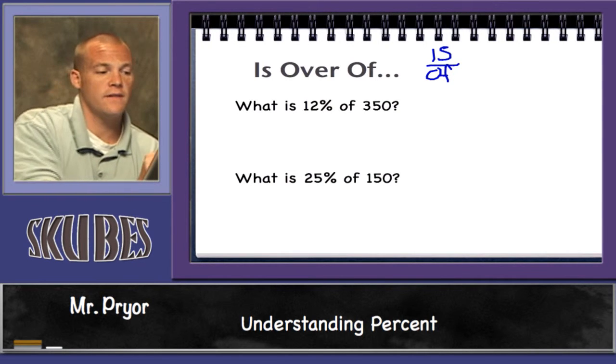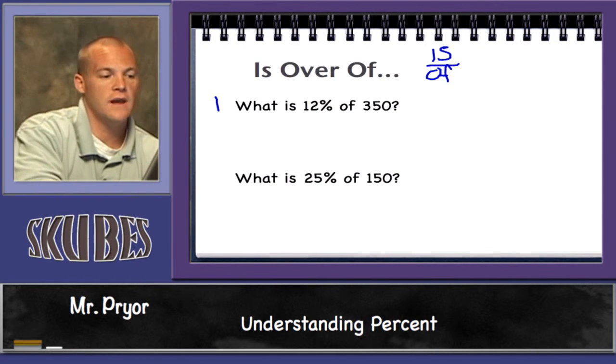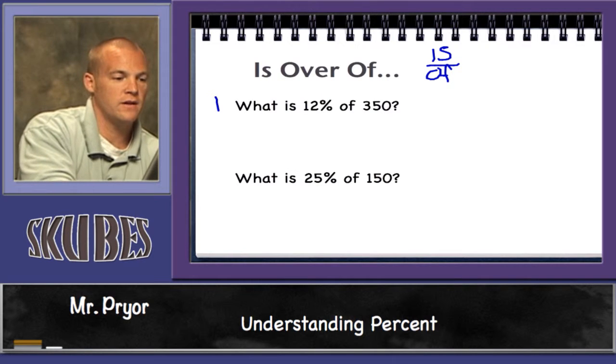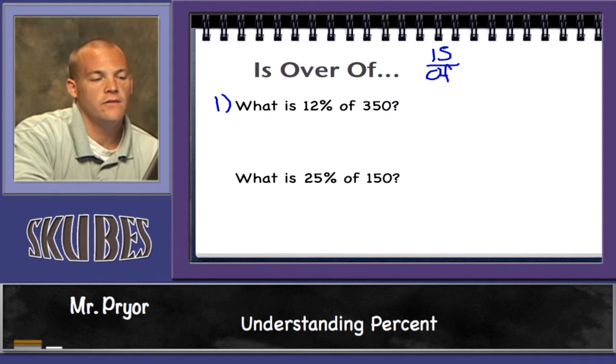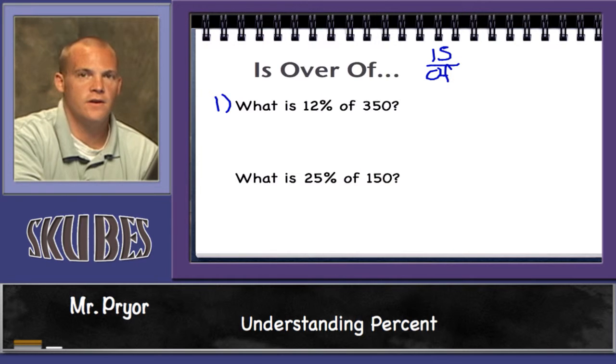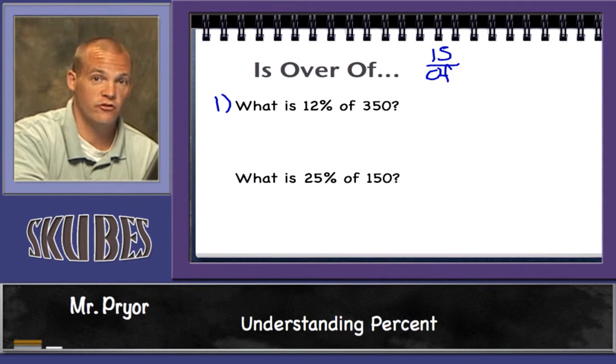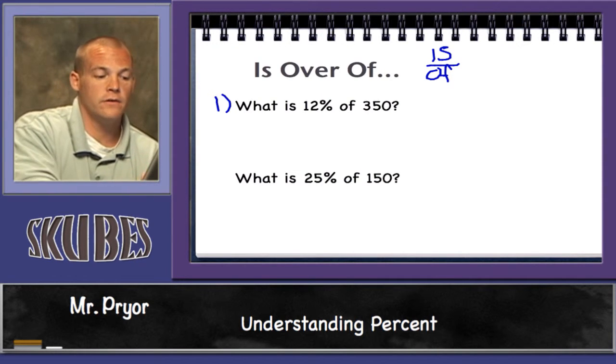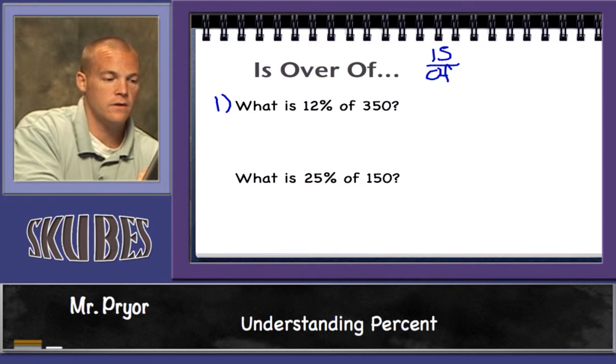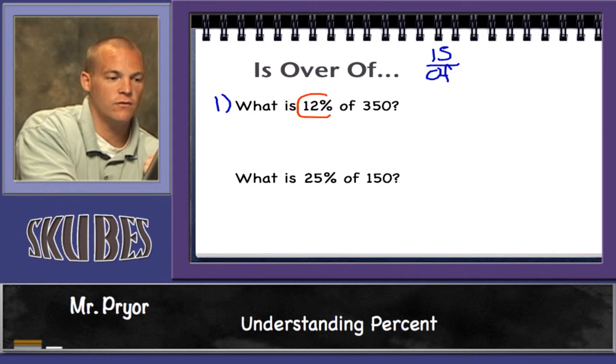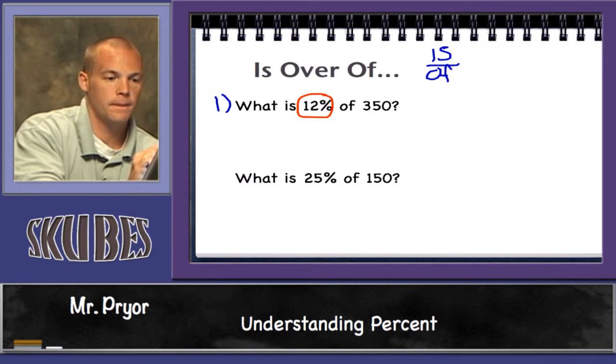So, when looking at this first example here, we're looking at what is 12% of 350. So we're going to use the words is and of that are part of the problem to help us set up our proportion. Now, based off of what we learned earlier, we already know that 12% in fraction form is 12 over 100.